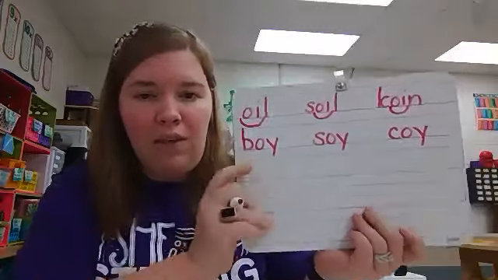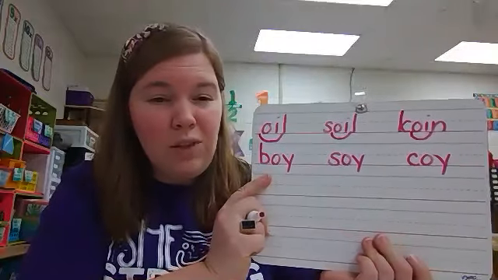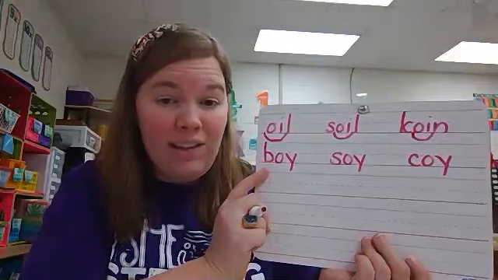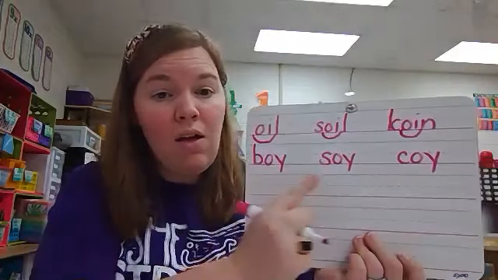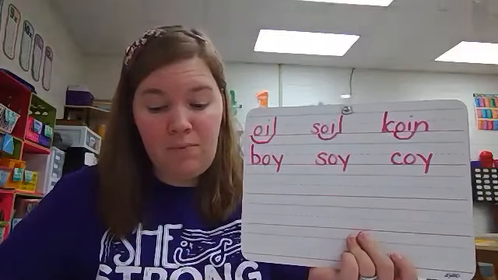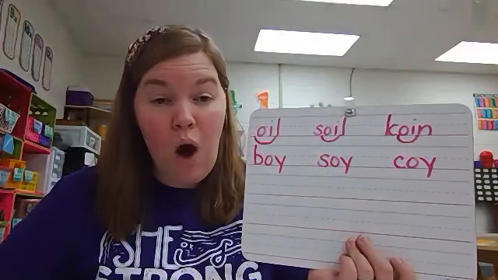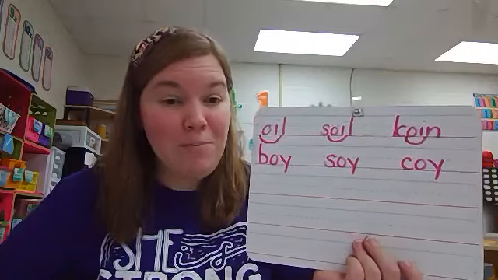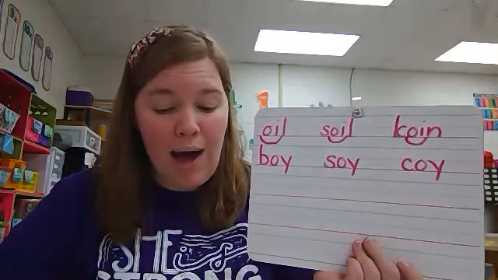Yes, we've already talked about oi. Now let's look at these words. What two letters are making the oi sound in boy, soy, and koi? O and Y. This is diphthong OY.